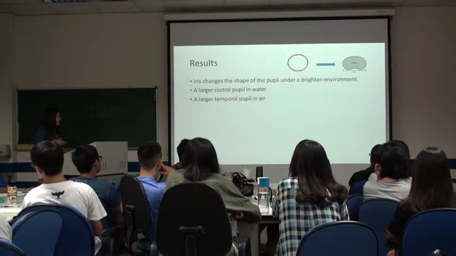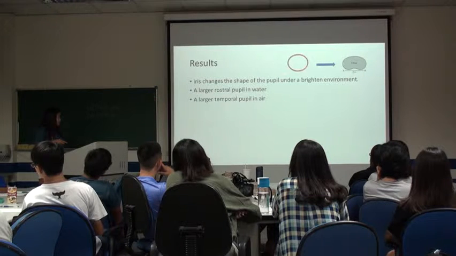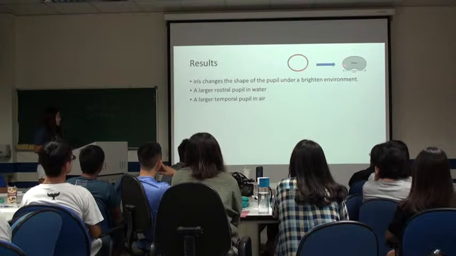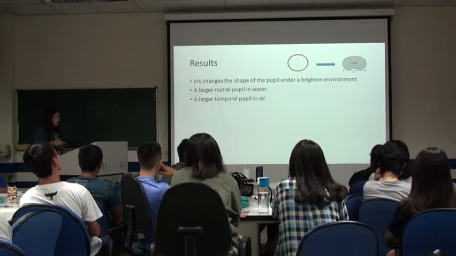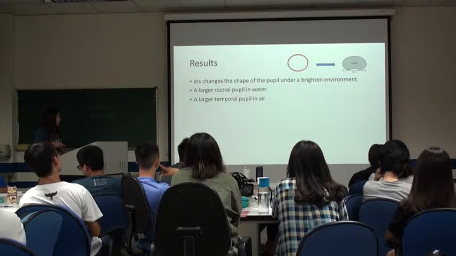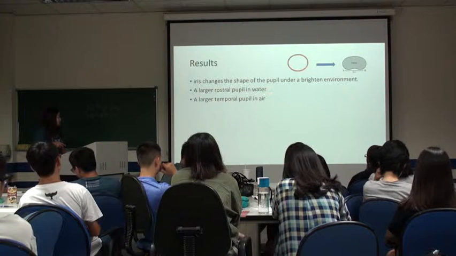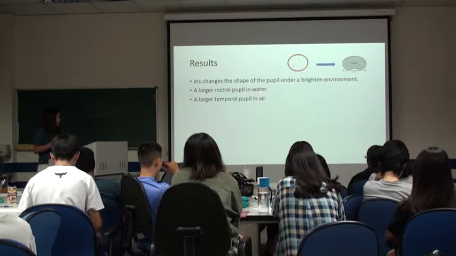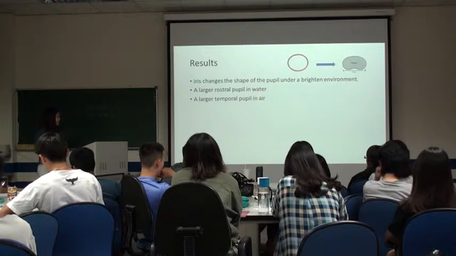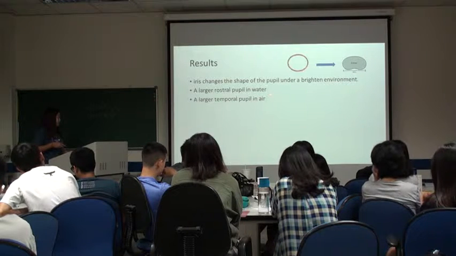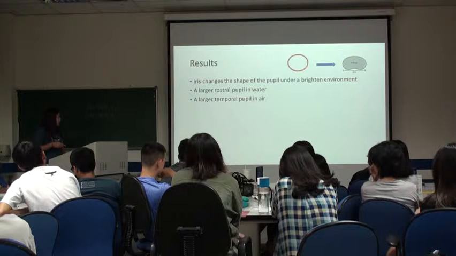When it is underwater, the shape of the dolphin's pupil will look like a circle, but when it has too much light, it will change into a narrow beam size like this, just like the first picture we saw of Pupil. So we get a result of a large rostral pupil in water, which means in water it will use a large size of pupil, but in air, which has high brightness light, it will use a temporal pupil, and the pupil makes a V shape.